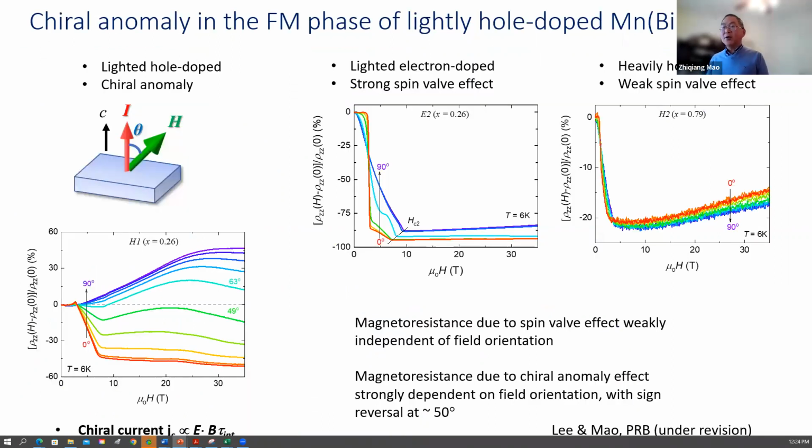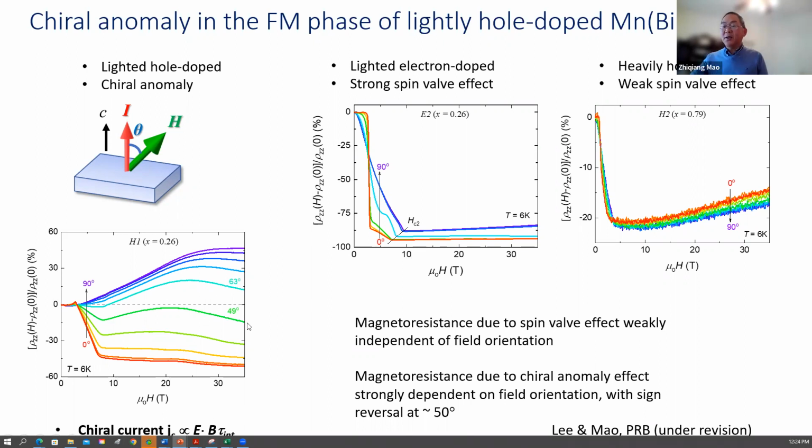For the chiral anomaly effect, the decrease of resistance is caused by chiral current, which is proportional to this dot product. E is the electric field, B is the magnetic field. So from that, you can tell that when we rotate the magnetic field away from the electric field, this dot product will become smaller. And so the negative magnetoresistance should become smaller, and at some angle, it should become positive.